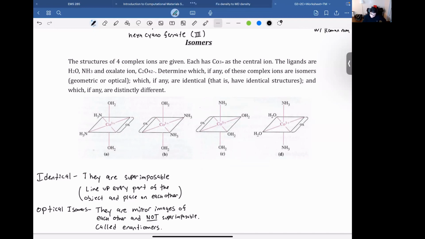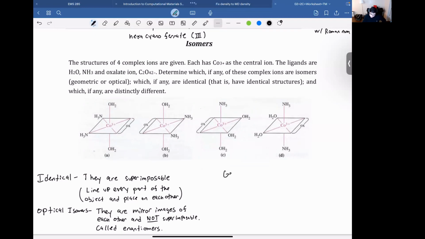Okay. Then you have geometric isomers, which is easy. You have the same attachments or the same ligands, but they're not identical or optical isomers.